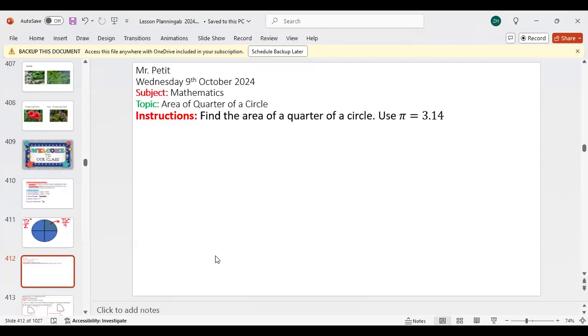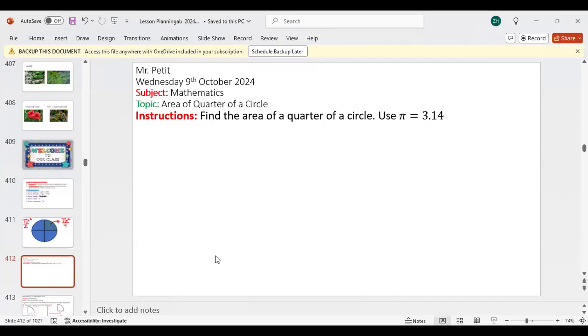So let's go ahead and do our first question. Consider we have this question where we have a quarter of a circle.